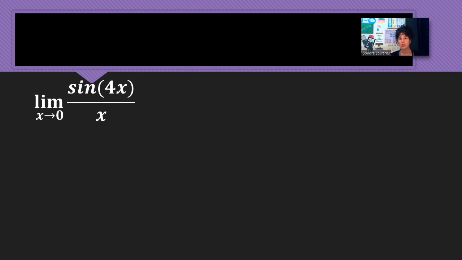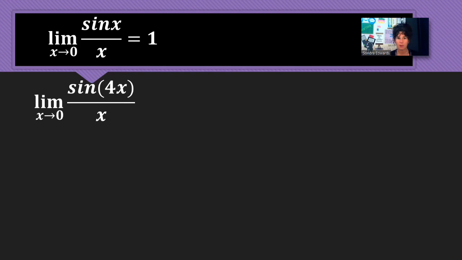Whenever you're dealing with trig functions or logarithms and you have something in parentheses, there is no such thing as distributing through that or factoring out. No. Okay, so that 4x there, that's like a brick. You are not going to be able to do anything about that one.